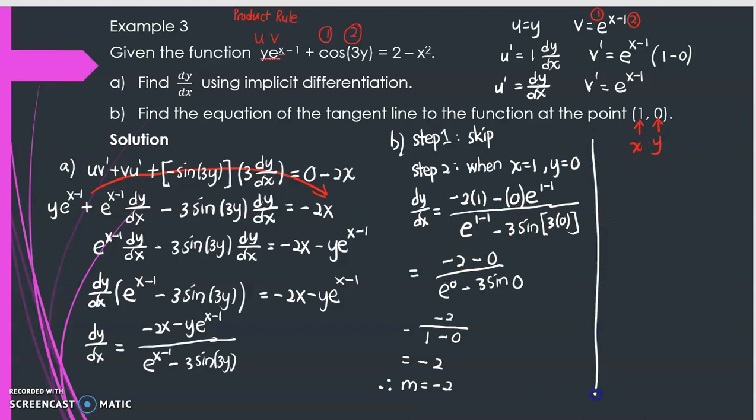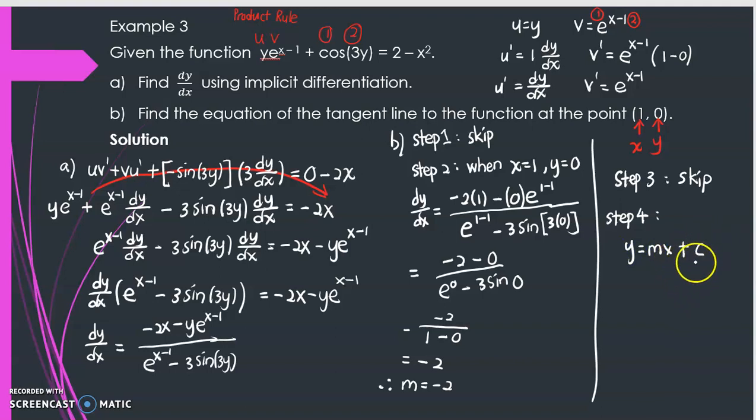Now we come to step 3. Step 3 again is to find the value of y. Since the point is given, we can skip step 3. Finally, we come to step 4. In order to find the equation of the tangent line, we are using the formula y is equal to mx plus c.